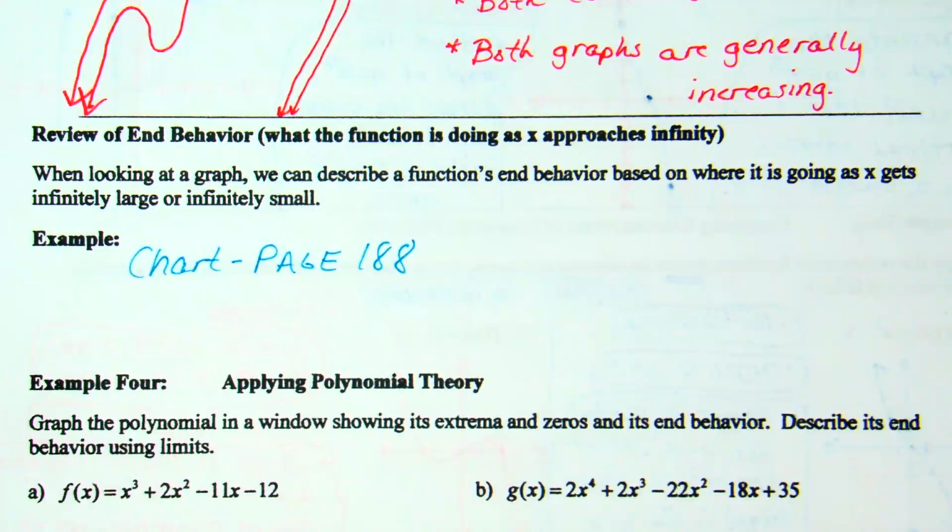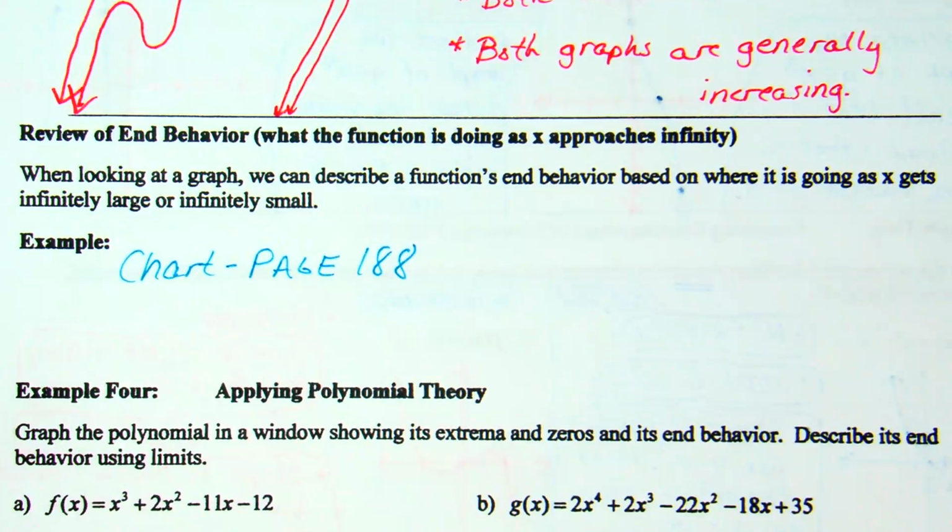Now, we talked, I'm trying to think. We've talked a little bit about end behavior when we talked about horizontal asymptotes. You guys, that was in chapter 1, I believe, where we talked about horizontal asymptotes. So we talked about end behavior because end behavior is what is your graph doing as it goes to the ends.